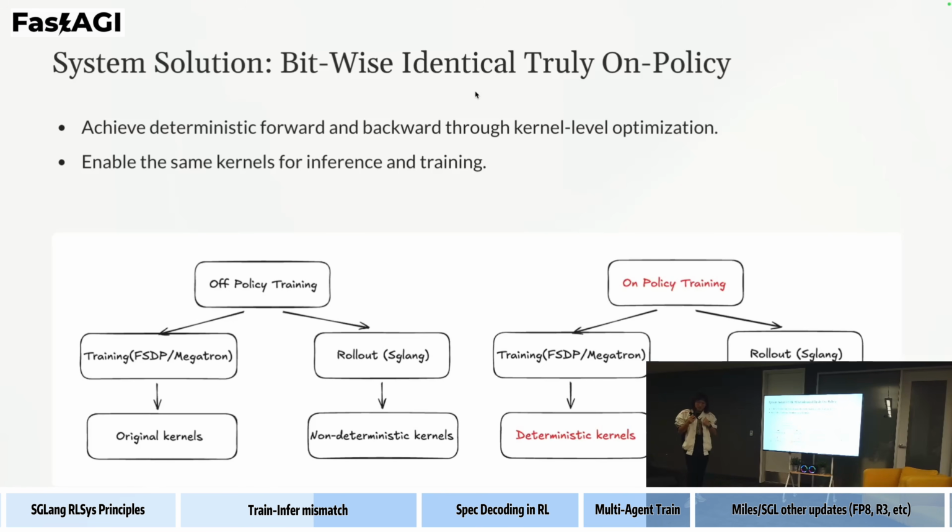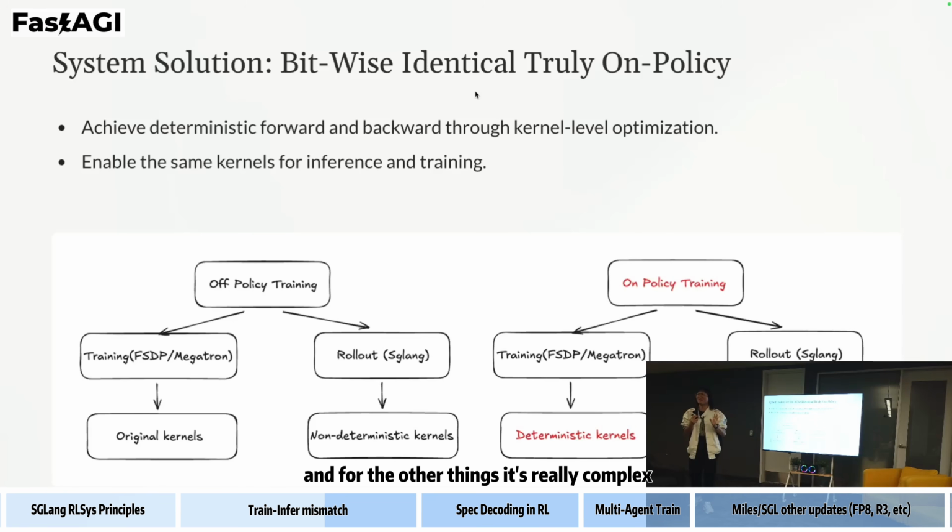So this is a disclaimer, and I do not want to overclaim our project. For this work, we call it truly on-policy. Currently, we support FSDP on dense LLMs, FSDP with vision models on dense models, and we also support Megatron with SGLang on dense LLMs.